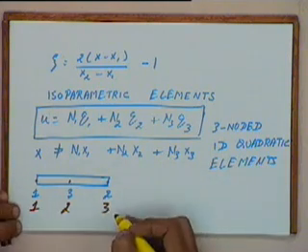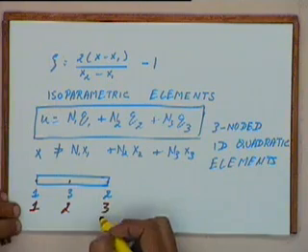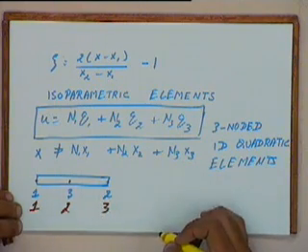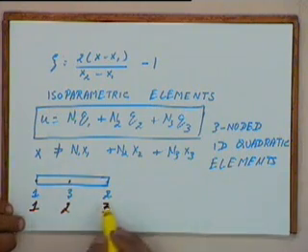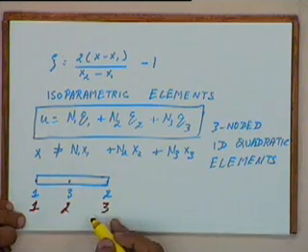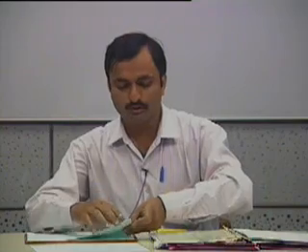The only thing that will change is how the global matrix is to be formed. One has to be consistent from the beginning to the end. The local numbering, the way it is done, will not make a difference. One just has to be consistent from the beginning to the end. Okay, and with this we will now go on to 2-dimensional problems.